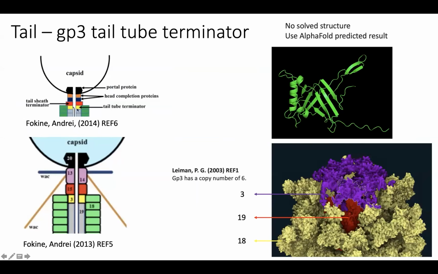Immediately above the tube protein GP19 here is not the GP15, but the so-called tube terminator protein, that is GP3. And unfortunately, we don't have the structure information solved, so I used AlphaFold to predict.